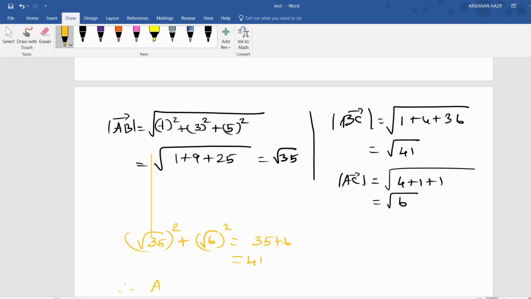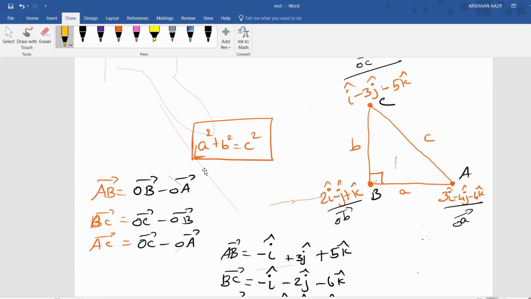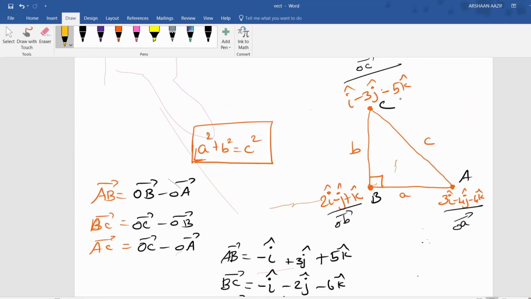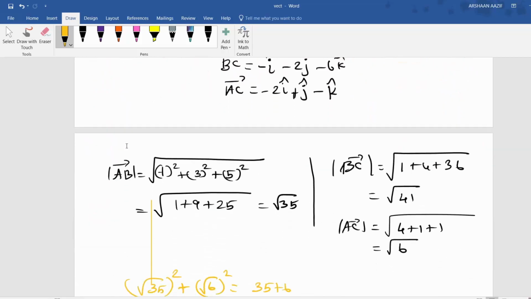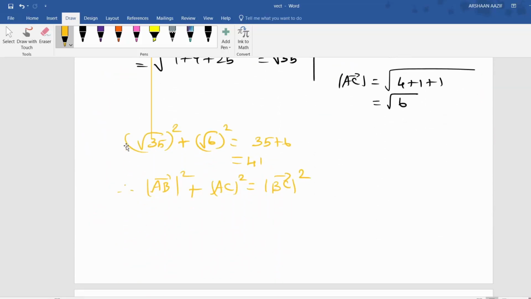Therefore, modulus AB square plus AC square is equal to modulus BC square. So BC is my hypotenuse, which is opposite. This is a rough diagram, since we didn't know whether it is a right angle triangle or not. So BC is the hypotenuse of the given triangle, and we have proved that it is a right angle triangle.